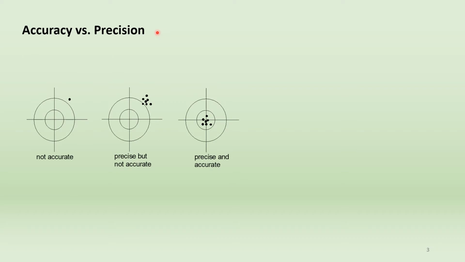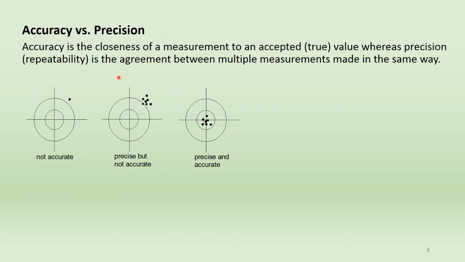Accuracy versus precision. Well, the definition says that accuracy is the closeness of a measurement to an accepted or true value, whereas precision, sometimes called repeatability, is the agreement between multiple measurements made in the same way. If we use this analogy and say the center of this target represents a true or accepted value, this dot represents a single measurement that is far from the true value, we can say this result is not accurate.